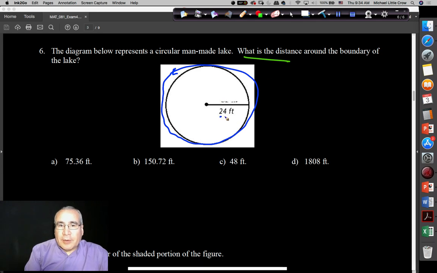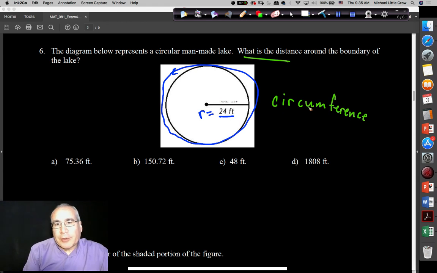And what we do know is that we've got a radius here. It's halfway across the circle. So this is the radius. And what we want to find is circumference. If it was rectangular, we would call that perimeter. So circumference and perimeter are kind of the same thing.